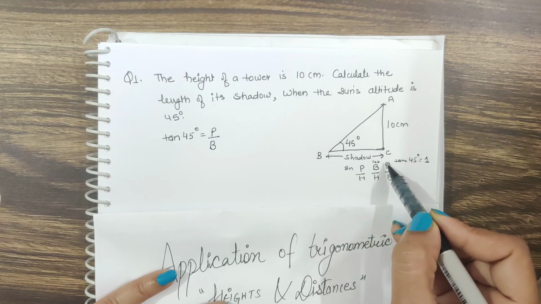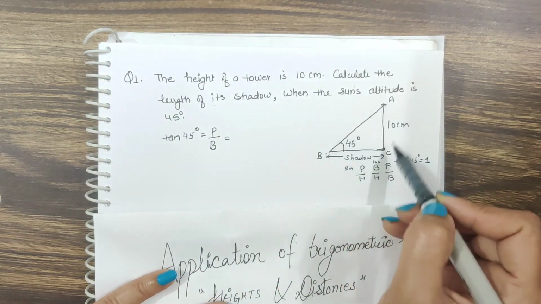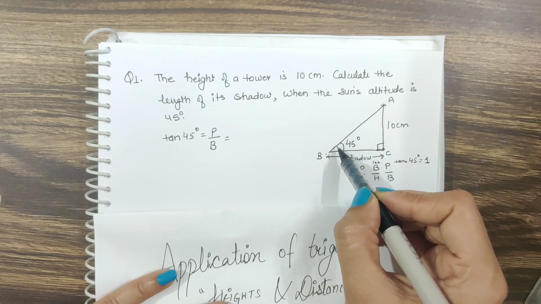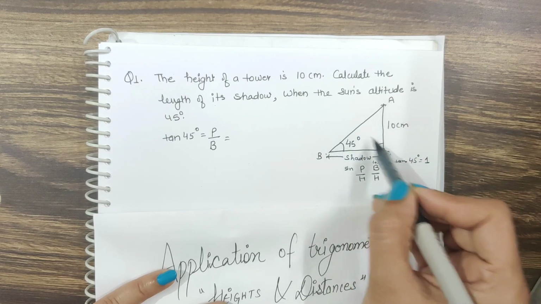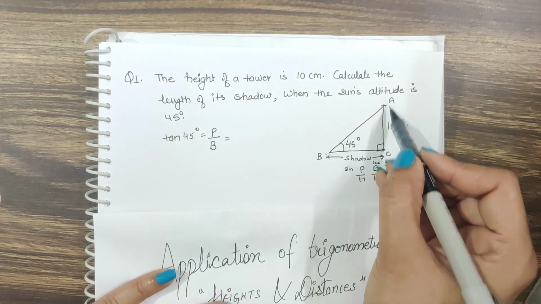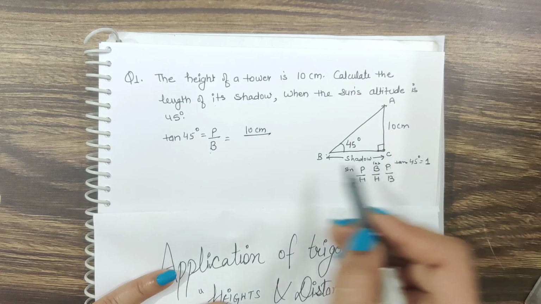So here P upon B is perpendicular upon base. Now in this figure, the perpendicular is always in front of the acute angle, and the hypotenuse is always in front of the right angle. Student, here perpendicular is 10 centimeter and base is our shadow.